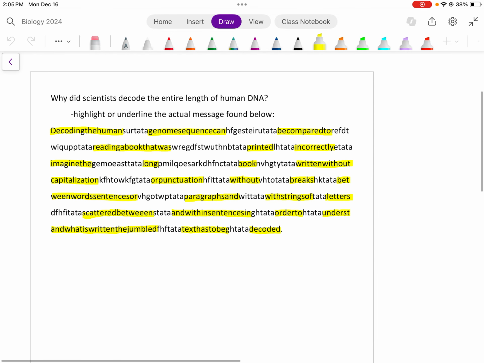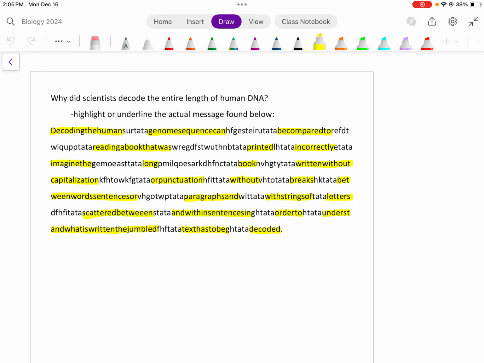All right, here it is. Here is the actual message. If we get rid of all the letters that aren't needed: decoding the human genome sequence can be compared to reading a book that was printed incorrectly.